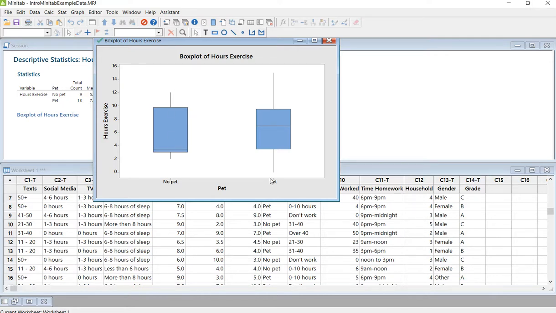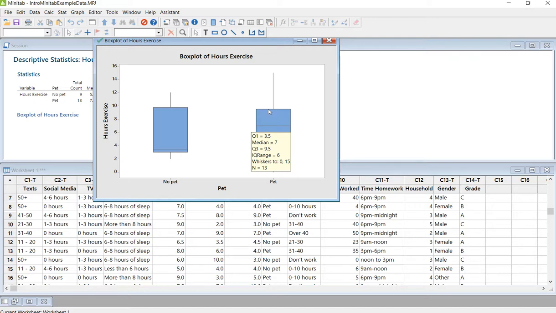So you could say, well, wait a second, yeah, people exercise less, it looks like, if they have a pet, but look at that, so 50%, okay, way more at the 50% mark, but if you look over here, and this is your 75% of the data, so think about it, this is Q3.